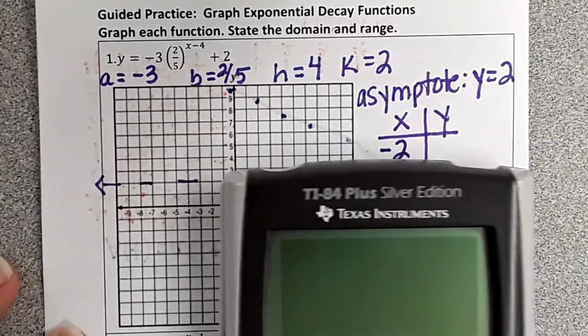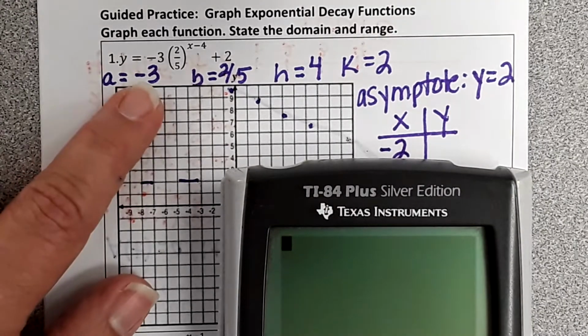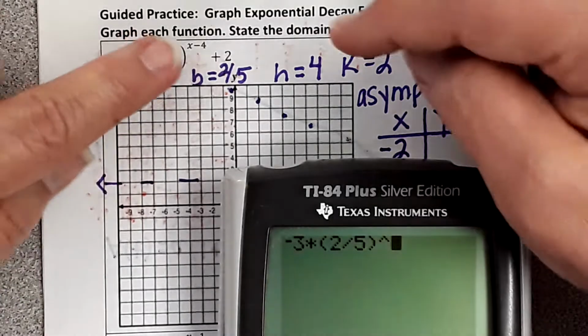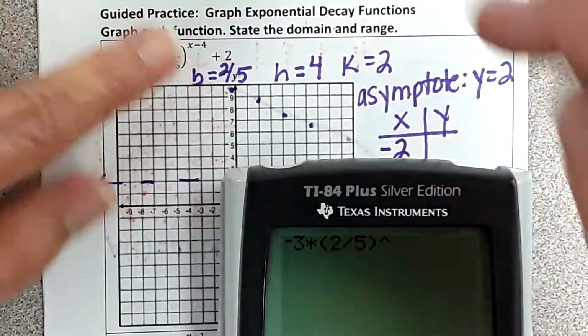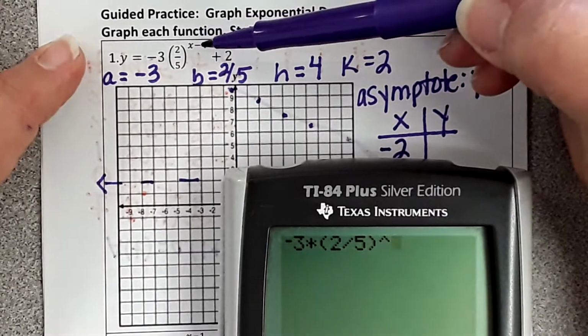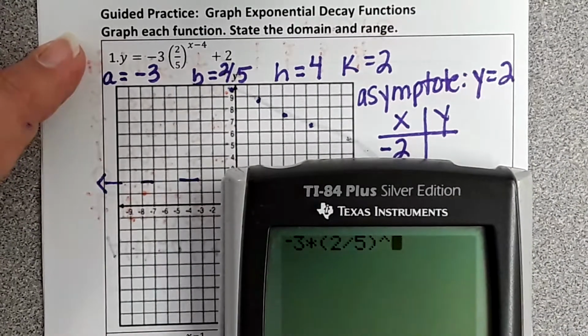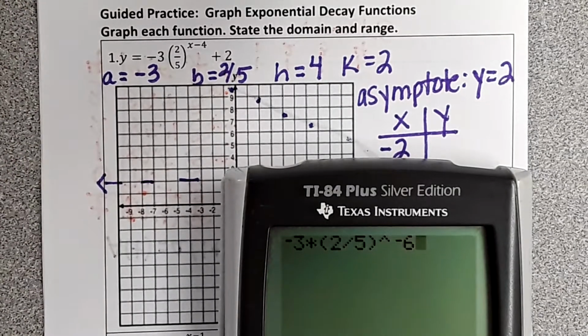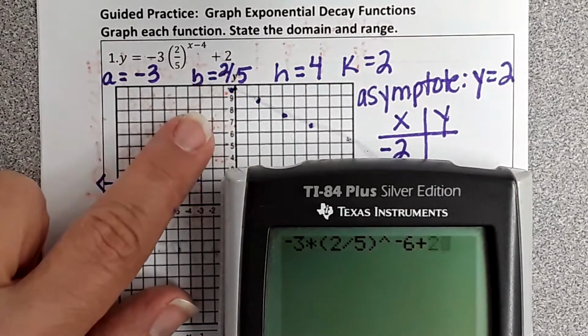So we're going to do it like this: -3 times 2/5 raised to, right here, -2 minus 4. So my x is -2. Well, what is -2 minus 4? You have to put in your exponent. Don't put in x minus 4. You need to do the math in your head or before you do the problem. And then I'm going to add 2.